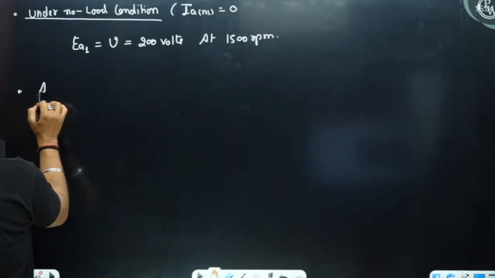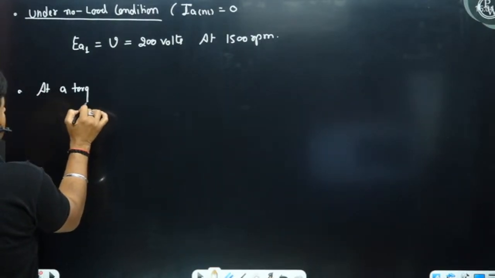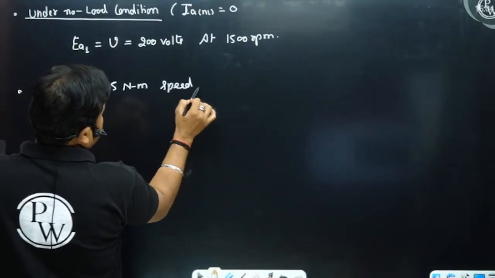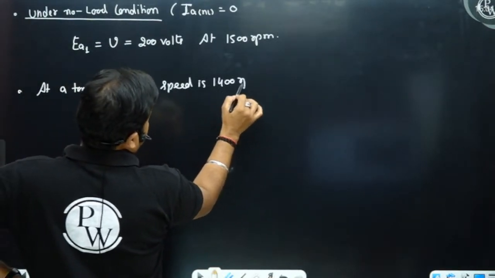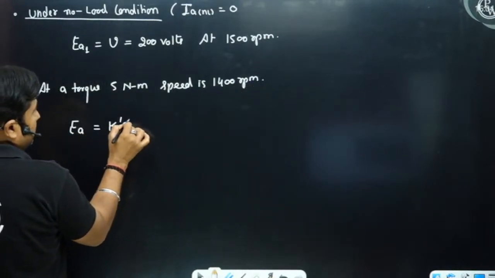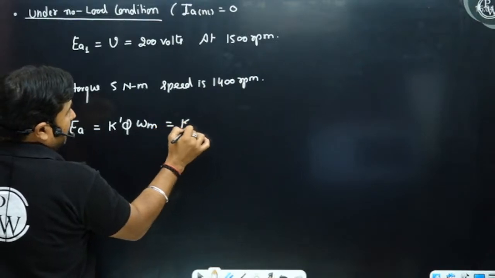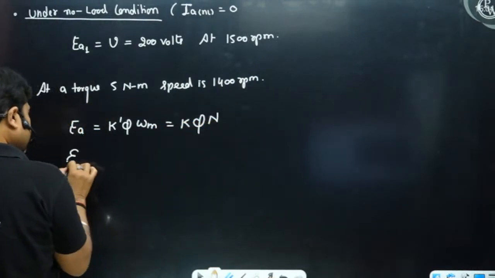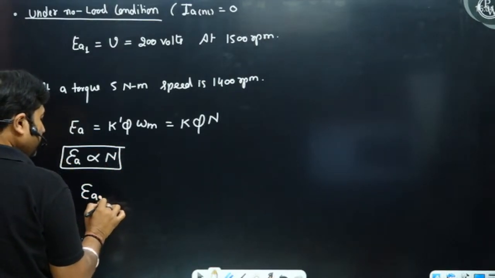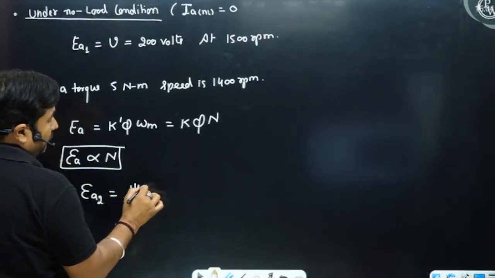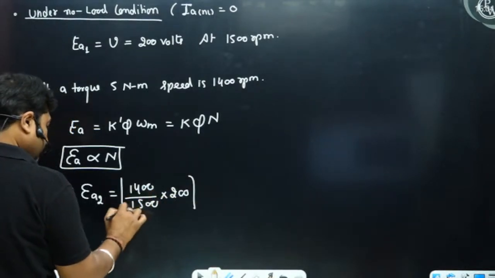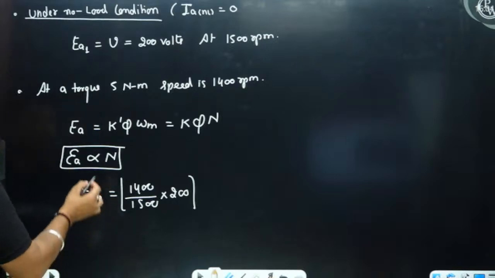So at a torque of 5 Newton meter, speed is 1400 rpm. Induced EMF is K dash phi omega m or K phi n. From here you can say there is no change in the flux, so EA is proportional to n. So new induced EMF will become 1400 by 1500 into 200. It depends upon the speed.